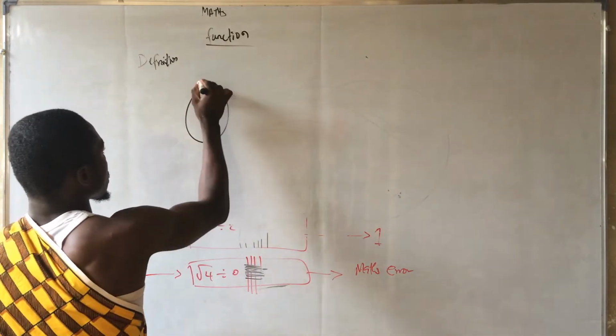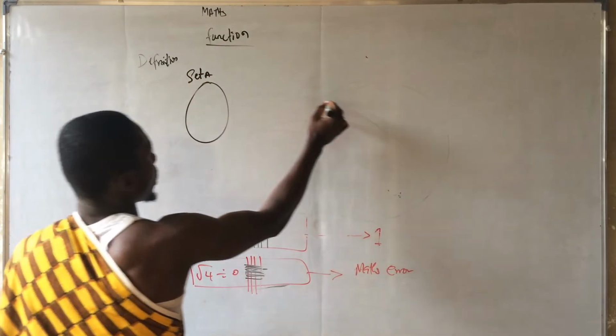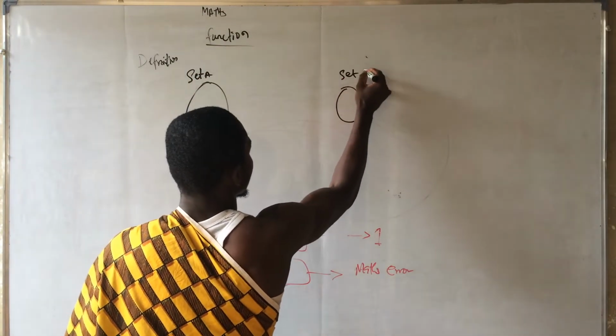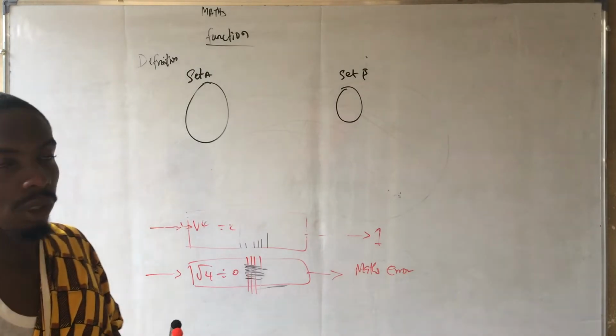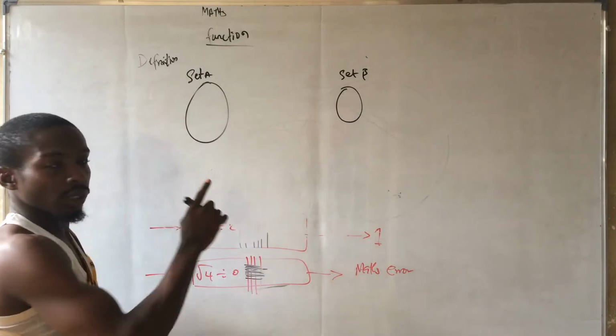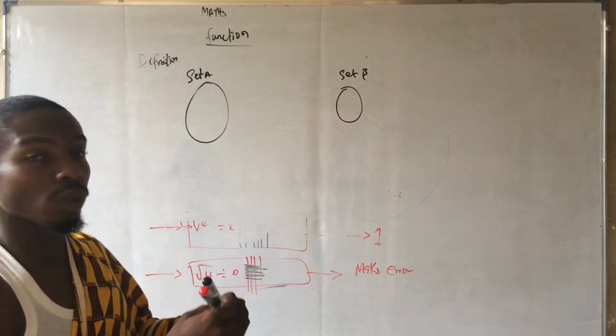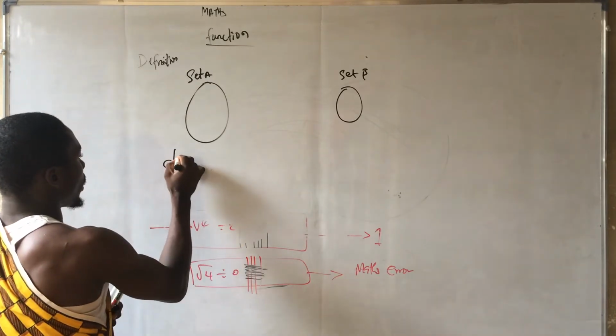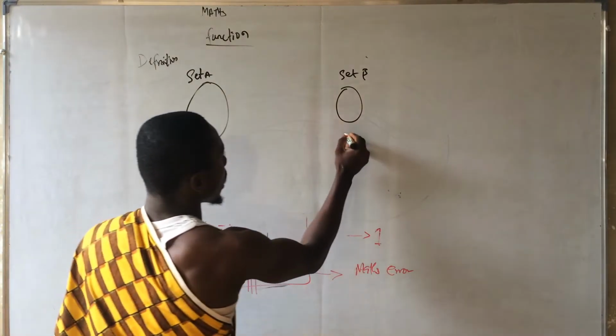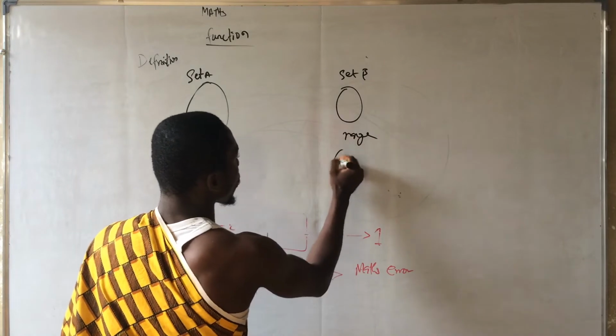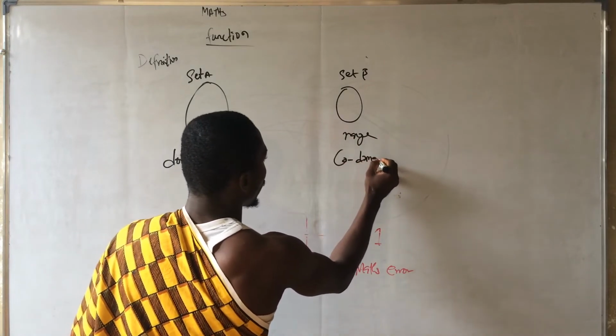Let's say that this is a set A, and this is set B. Now, what a function does, it takes one element from set A, which is called the domain. The set B is called the range or the codomain.